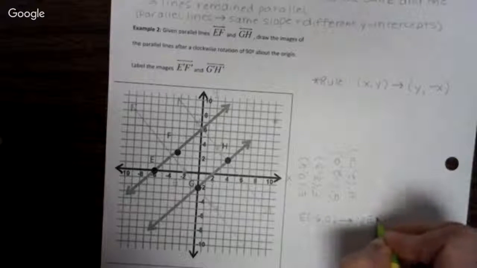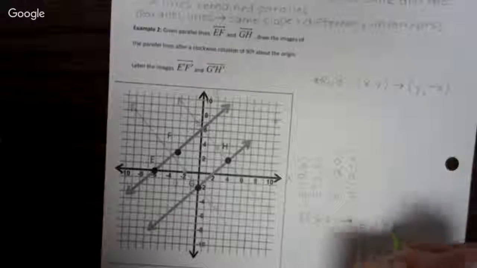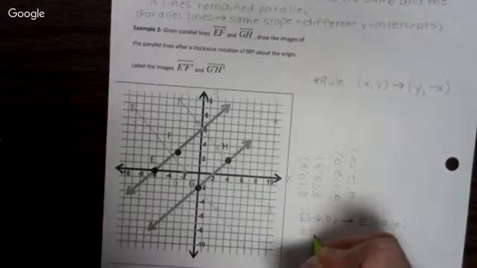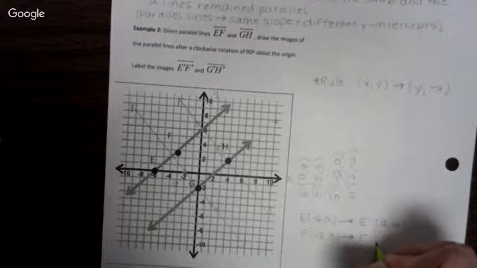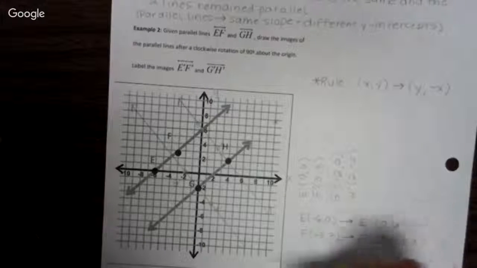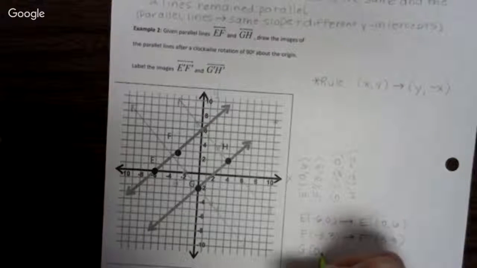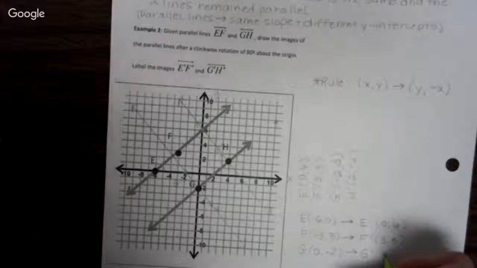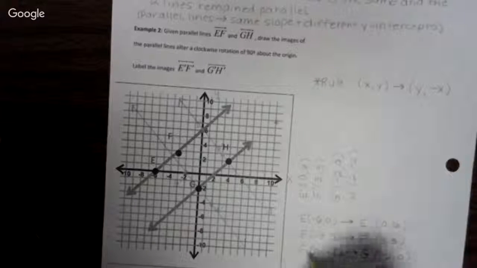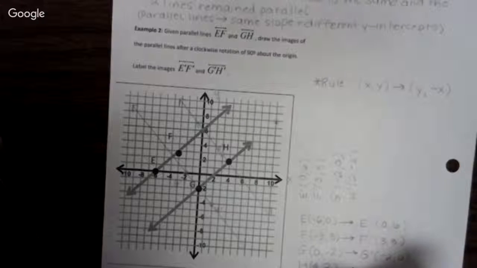Now my new E prime is 0, 6. My original point F was -3, 3. My new point F is 3, 3. G originally was 0, -2. My new G is -2, 0. And my H originally was 4, 2. And H prime is now 2, -4.